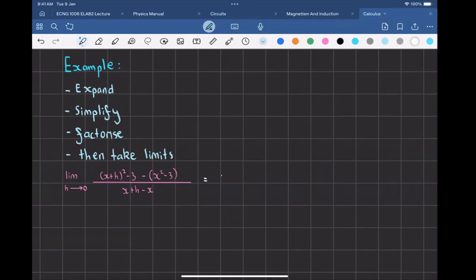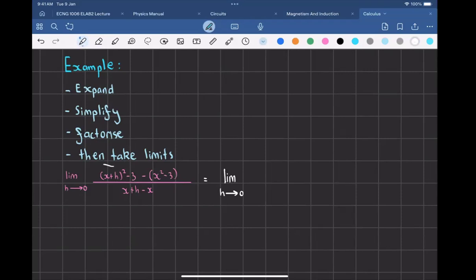So the first thing we're going to do is, Kira, what's the first thing I had to do with this expression before I could actually find limits? Simplify. Before simplification. Before we could simplify, what did we have to do?